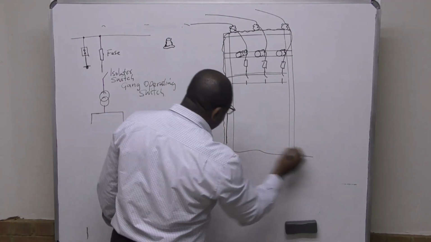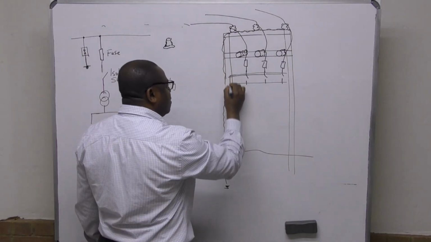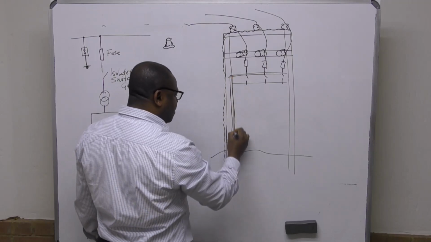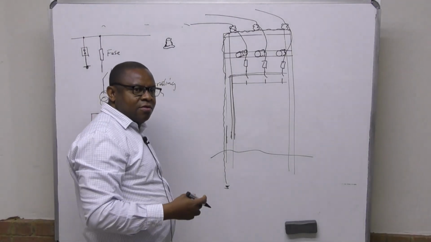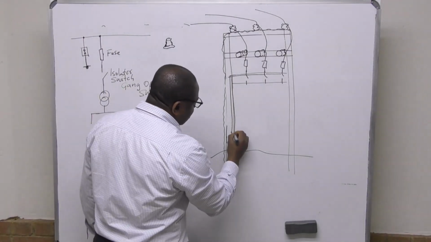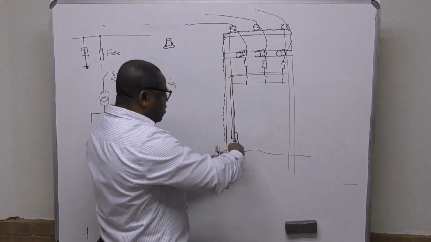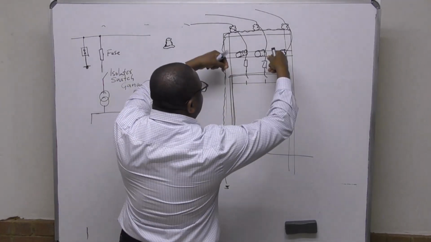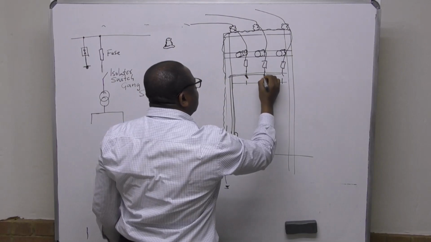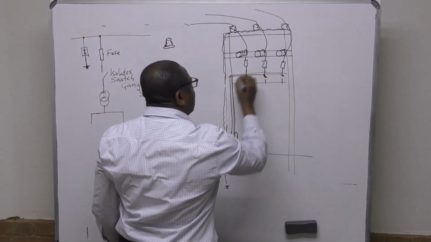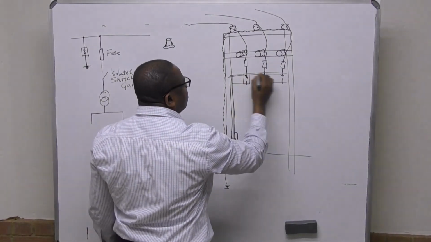This is the ground. Let me bring this to this side. There should be an operating stick, operating handle, all right? So here we have an operating handle. If you pull it like this it will open. So I can just have it like that. Okay? Just put them.